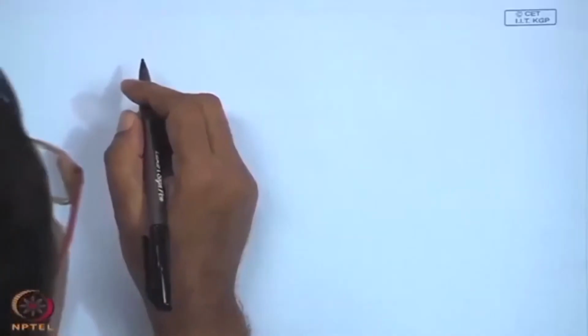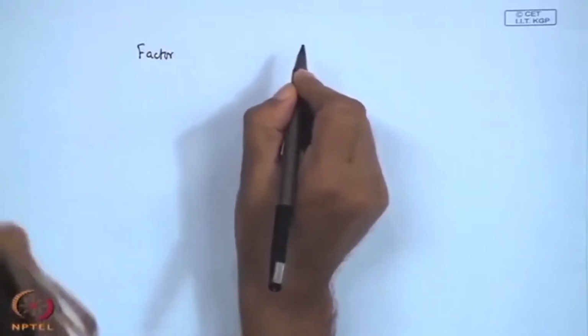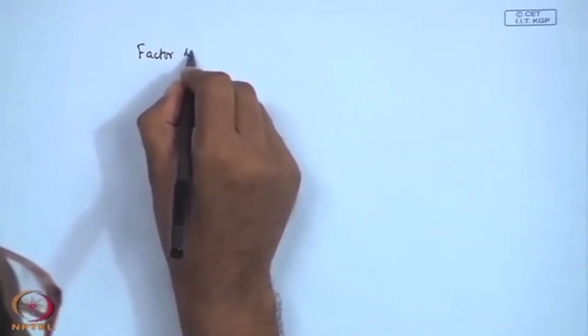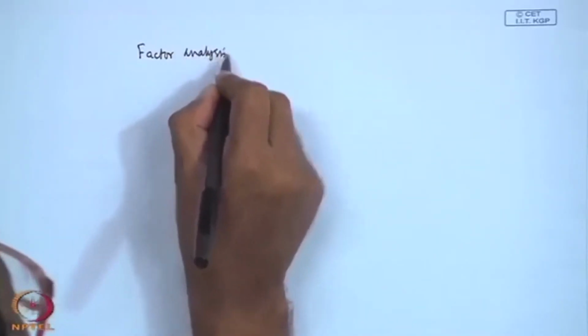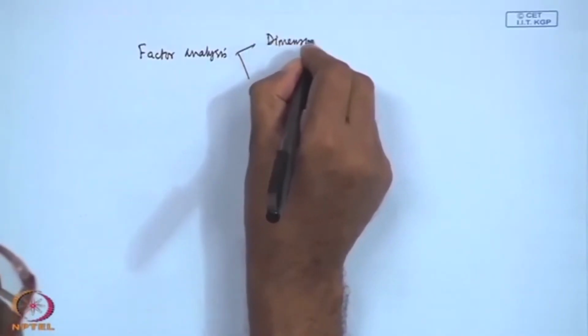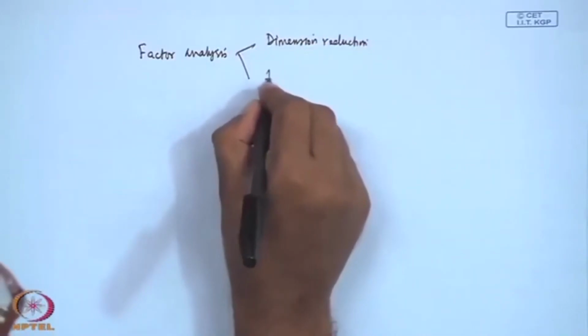As we have discussed earlier, factor analysis has two important purposes. What are those two? One is definitely dimension reduction, second one is interpretability.